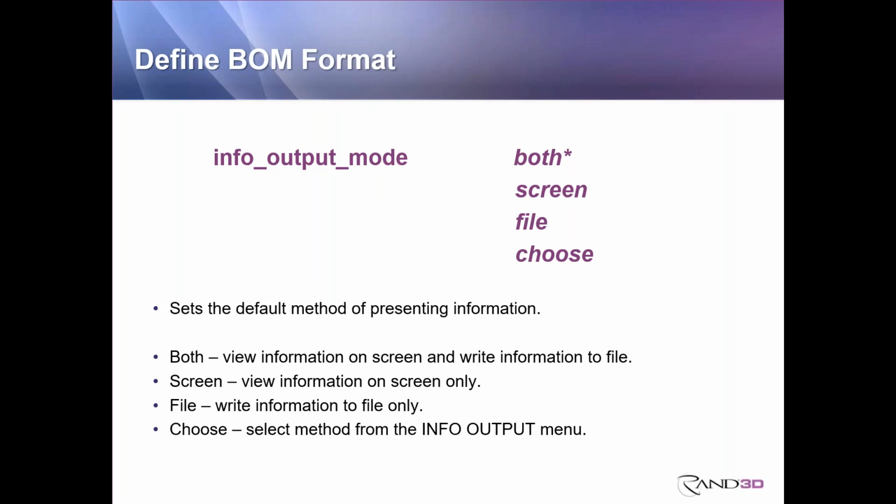Another choice you have is how the information is presented to you. I did mention that usually, based on default settings, the output comes out through the browser. But you do have this configuration option, info output mode, that you can set up to determine the method of how the information is presented to you.